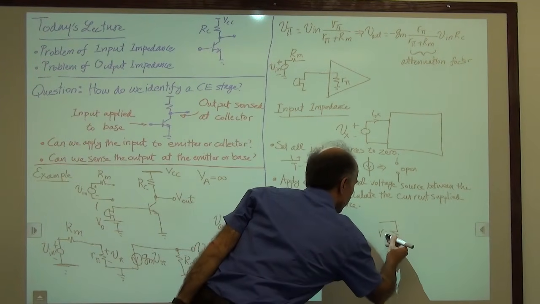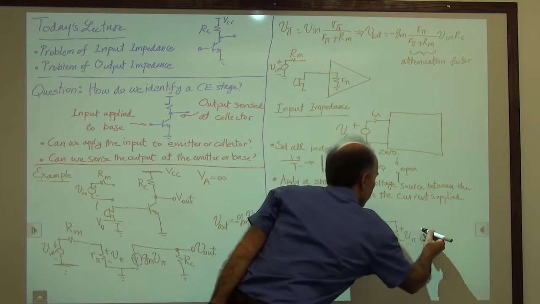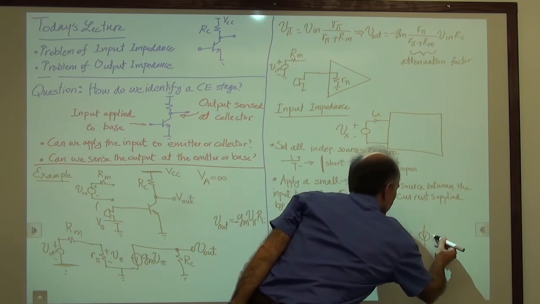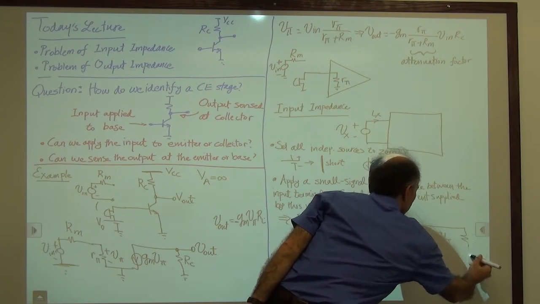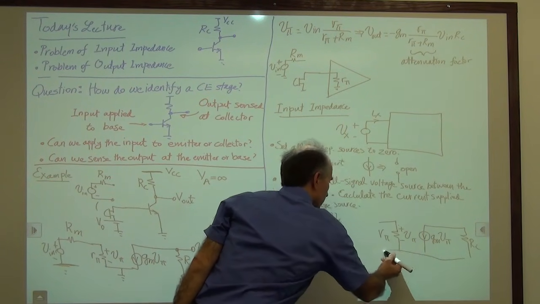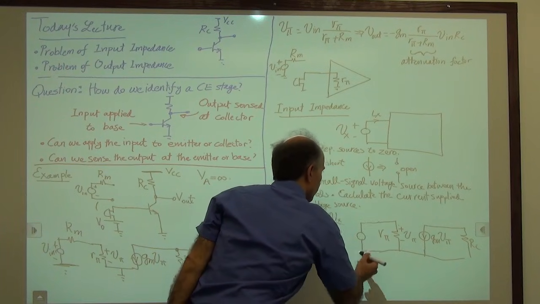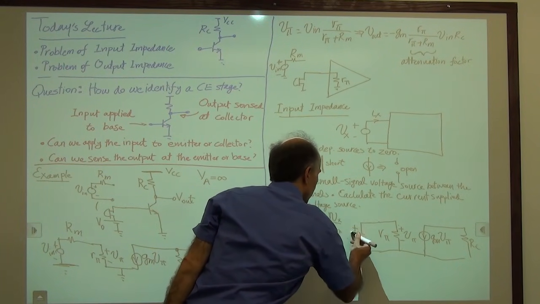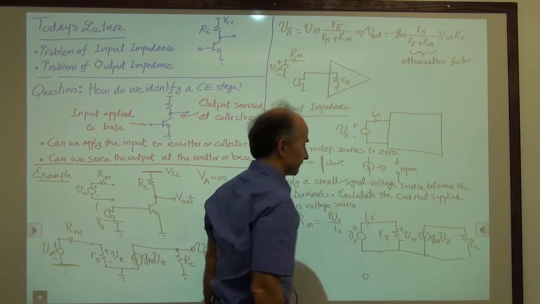We have R pi with a voltage of V pi. Then we have gm V pi. Then we have RC. Now these are all connected together. We can connect them, we don't have to connect them. Remember, we can always use ground to represent these things. And we apply Vx here and measure Ix here.